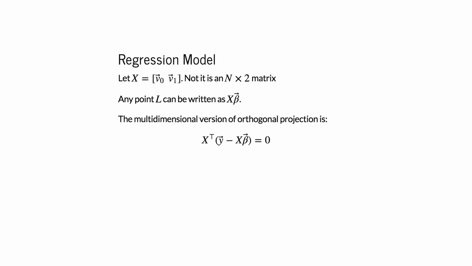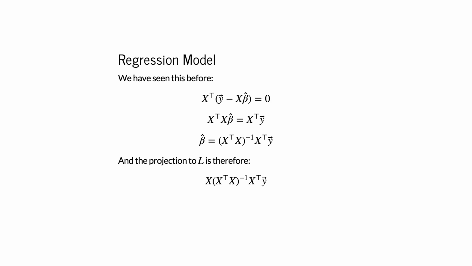If we do that and we solve using our linear algebra and the multidimensional definition of orthogonal projection, which is shown in this equation here, we get the same solution we obtained in a previous course on linear algebra for the line that best fits the data, which comes down to estimating the coefficients beta using least squares.